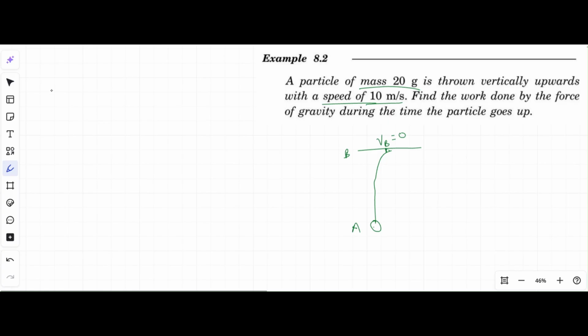So let us see what we can do. So suppose at highest point velocity is 0, and we know that the mass given is 20 grams, which is equivalent to 20 by 1000, that is 0.02 kilogram.